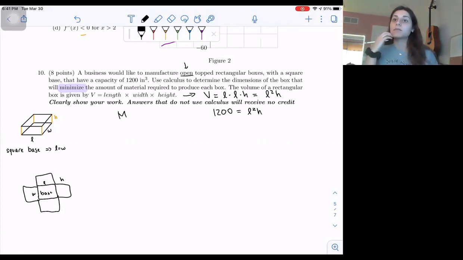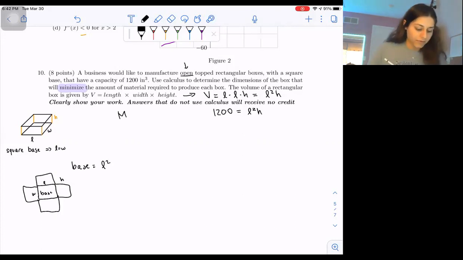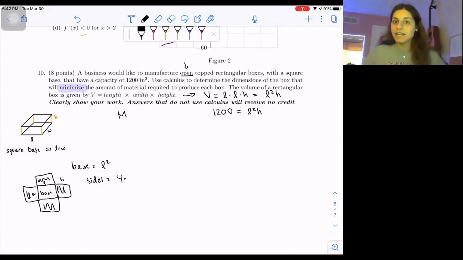We want to find our material equation. Material is going to be like the cardboard that we're using. It's the surface area of that. So the base will be L times L, right? The area is W times L, which in our case is L times L. So base surface area is L squared. And then if we want to see the sides, so 1, 2, 3, 4 sides, it'll be 4 times L times H, right?